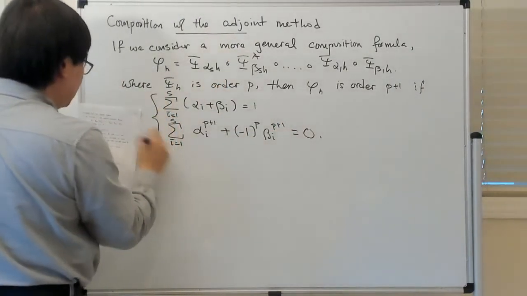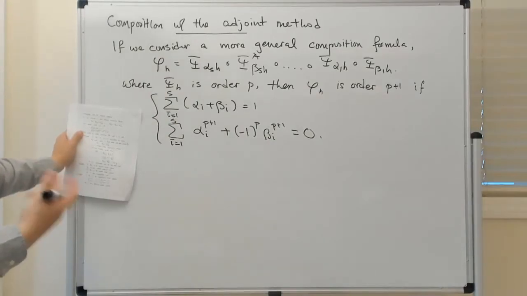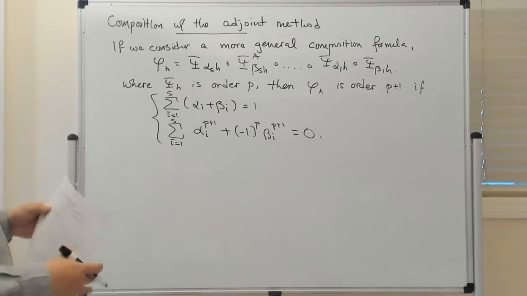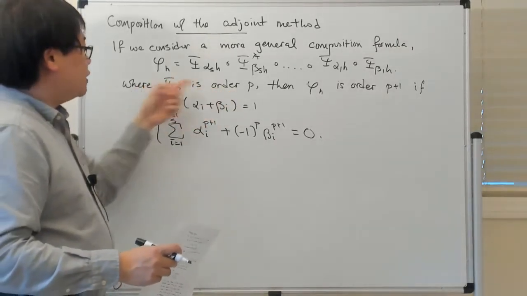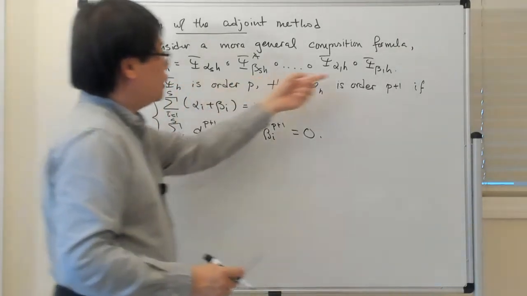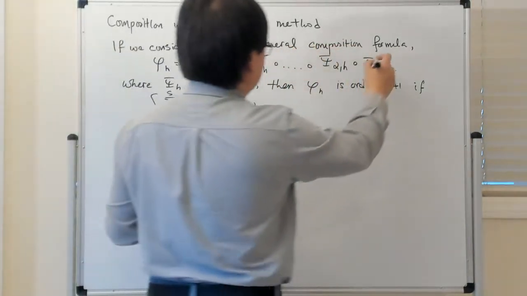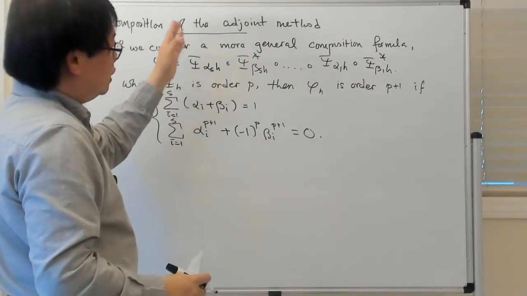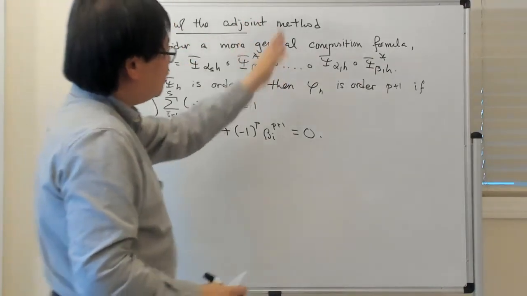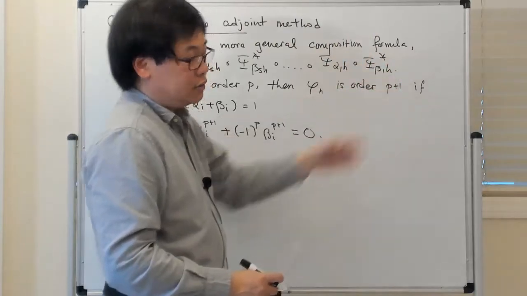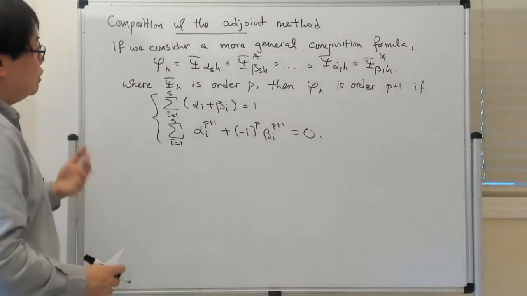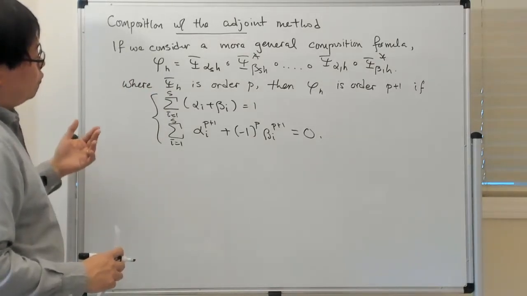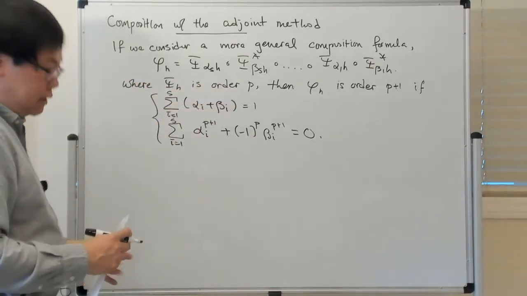So these are the conditions on the alphas and betas which are necessary to take an underlying one-step method of order P and construct a composition method, one which alternates between the one-step method, the adjoint, the one-step method, the adjoint, and so on, that has order P plus 1.